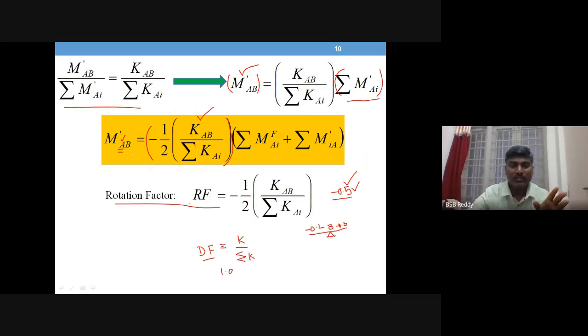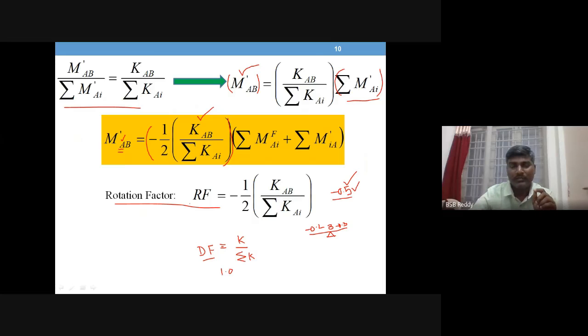The rotation contribution of a particular end is equal to the rotation factor, which is minus 1 by 2 times K of that member divided by the joint stiffness sigma K, multiplied by the sum of all fixed end moments of that near end and the sum of all far end rotation contributions.